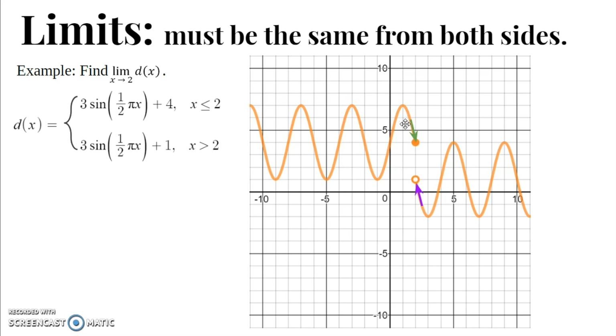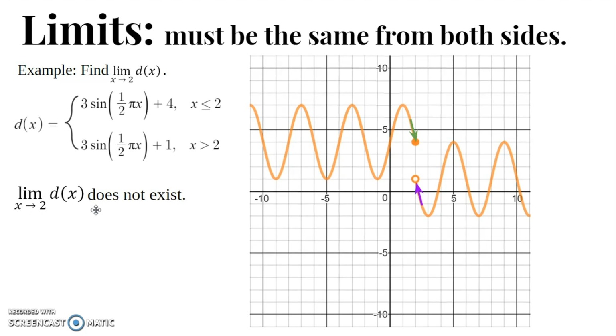So when we approach x equals 2 from the left, the function approaches 4, and when we approach x equals 2 from the right, the function approaches 1. And when a limit doesn't approach the same value from both sides, the limit doesn't exist. So the limit of d as x approaches 2 doesn't exist in this case.